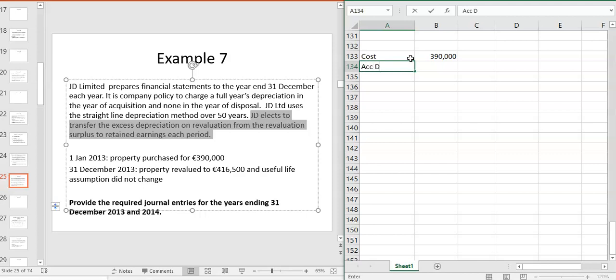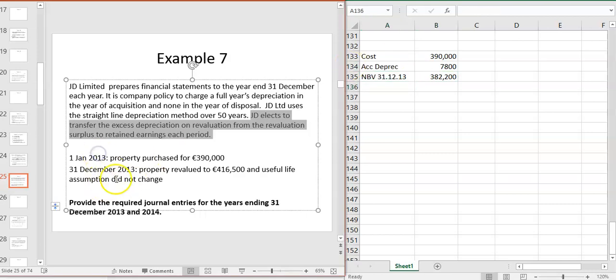And then you've accumulated depreciation and your net book value at the 31st of December 2013. So you only have 1 year's depreciation. So it's 390 over 50, 78. So your net book value at the end of the first year, 382,200. Because it's bought in 2013.